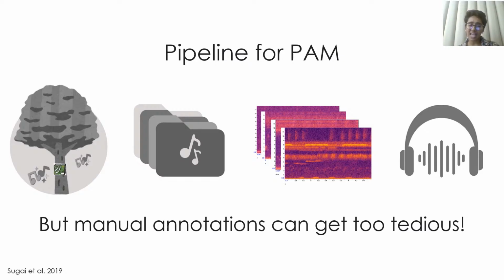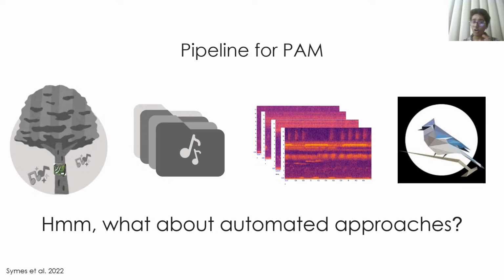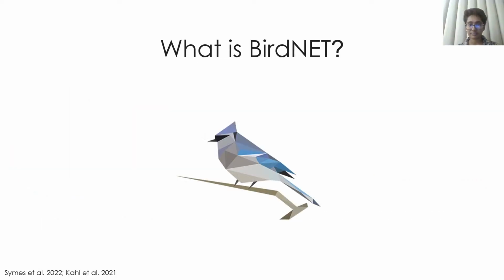However, manually annotating species vocalizations can get very time consuming and can also limit the amount of data that can be processed or even species that can be studied. Thus, automated approaches represent a potential solution to annotate large amounts of data and can help address this main bottleneck in acoustic studies.